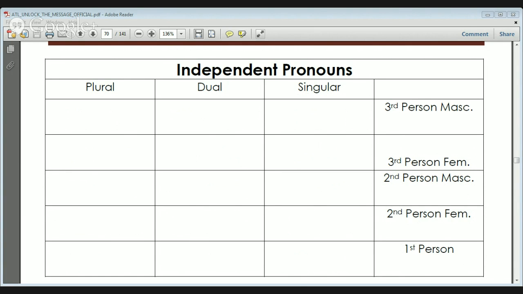So the first one is the following. Huwa, which means he or him. And the attached version is one of two: hu or hi. Hu is the nasab form, and I'll color it.